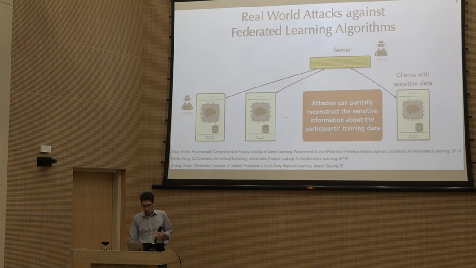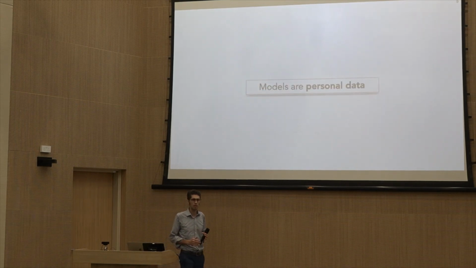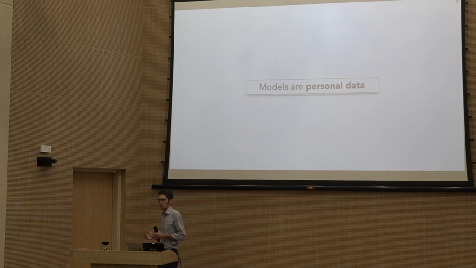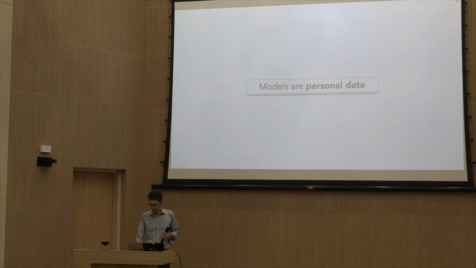So, the conclusion from all this, possibilities of attacks against existing technologies, existing models and algorithms, is that if we are training models on personal data, models themselves are personal data, right? So they have to be treated as a sensitive piece of information, as sensitive as the original data is.